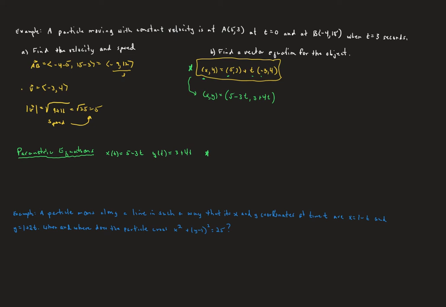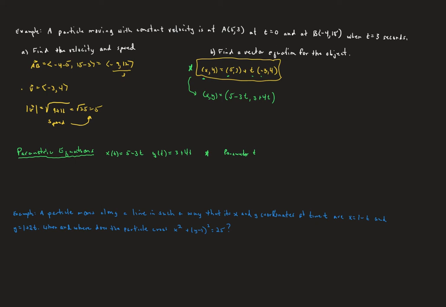And we still have our parameter, called a parameter t. A lot of times we think of that as time, but it doesn't have to be time. It could be something else. And so x of t equals 5 minus 3t and y of t equals 3 plus 4t are known as parametric equations.